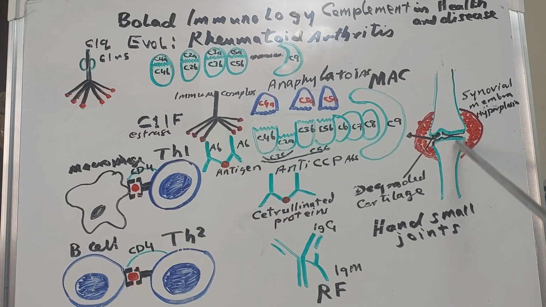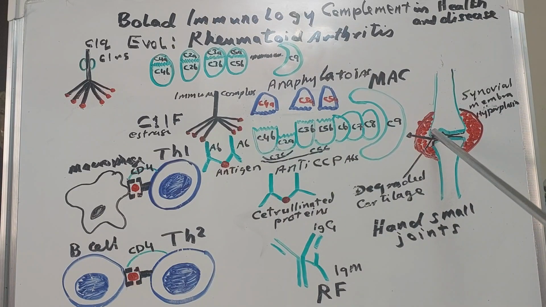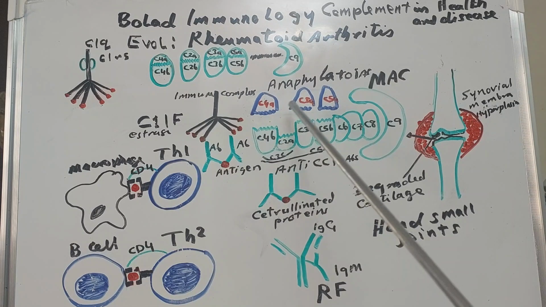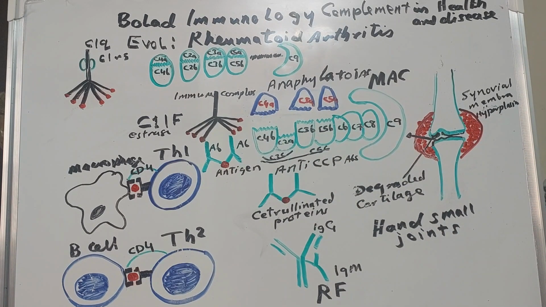There is hyperplasia of the synovial membrane with synovitis, destruction of bones, and degraded cartilage, and as can be seen here, swelling. So activation of the complement is taking place here in this small area, and these anaphylatoxins C4a, C3a, C5a will lead to inflammation.